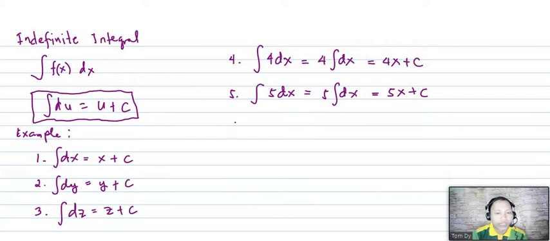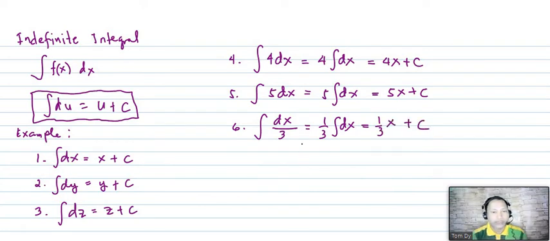Another one, let's say number 6, the integral of dx over 3. 3 is your denominator, so you can write directly 1 over 3, your number, times the integral of dx. That is equivalent to 1/3 of x plus c.